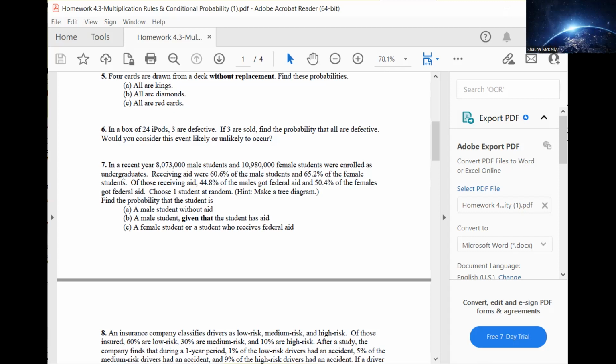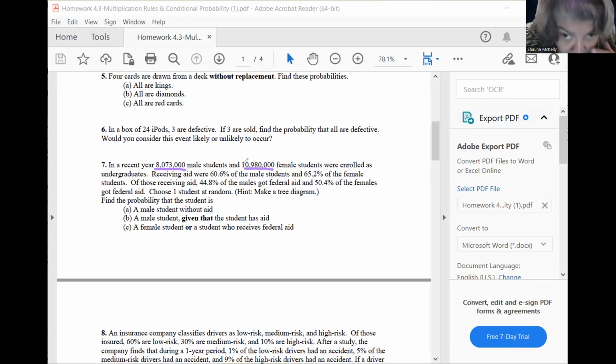So before we get to that, we're going to make a tree diagram. Now, one thing that I will point out that's different in this problem than it is in some that you'll see, and that is everything on this problem is a percentage except these two numbers, 8,073,000 and 10,980,000.